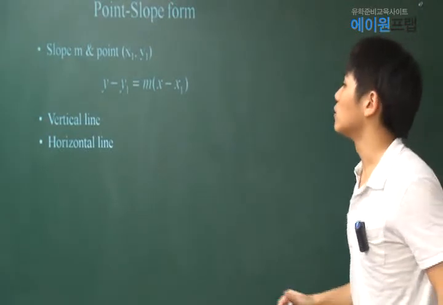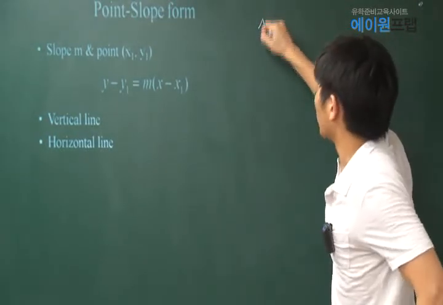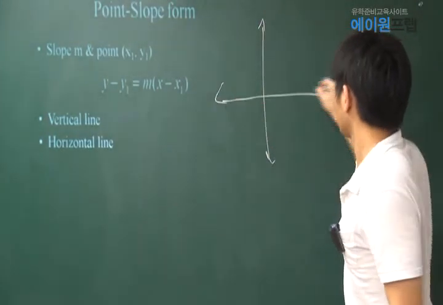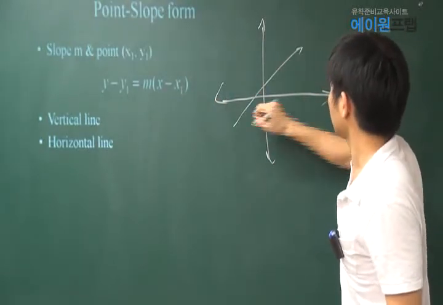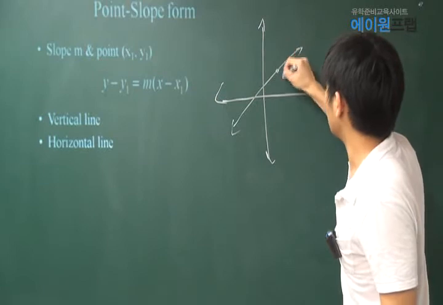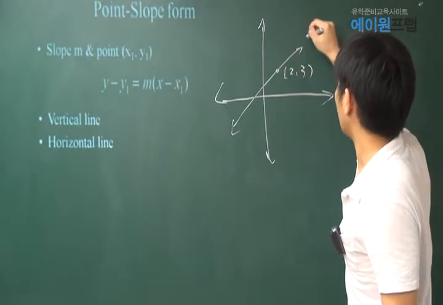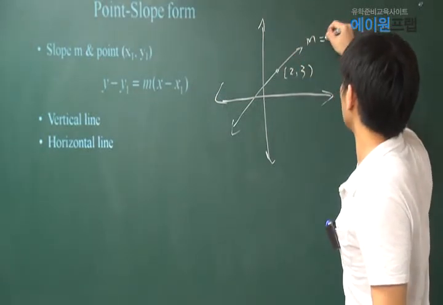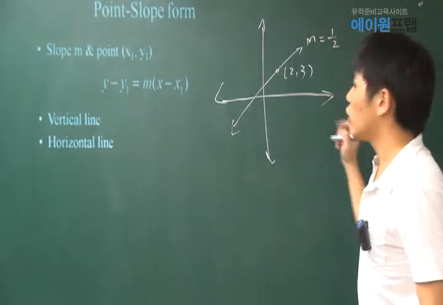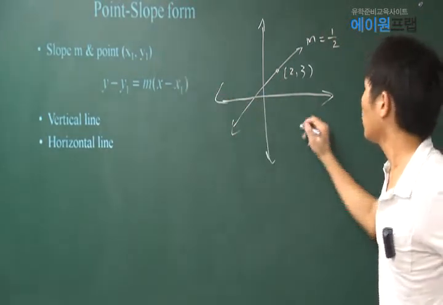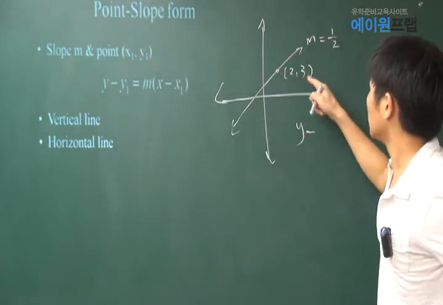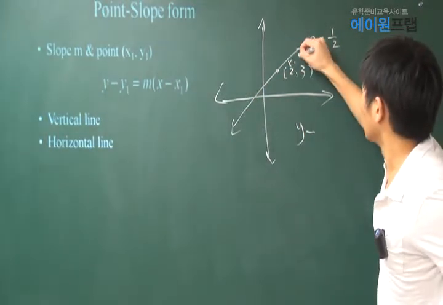Okay, so what do I mean by this? So if I have a graph, let's just say I have a graph like that. This point is (2, 3), and it has a slope of half. Then we can write this line equation as y minus, this is the x1, and that's the y1.